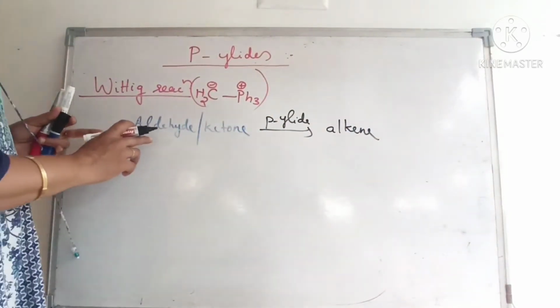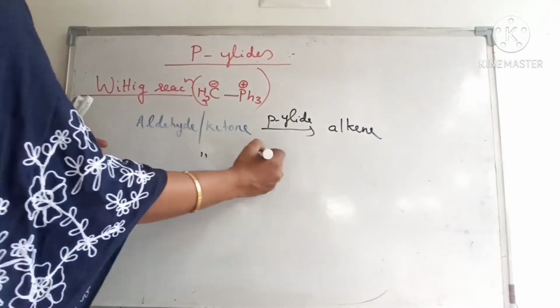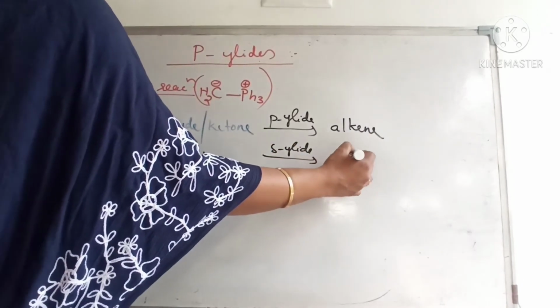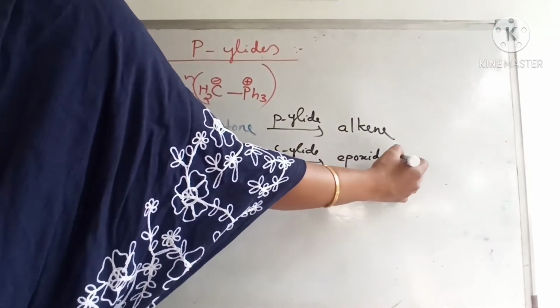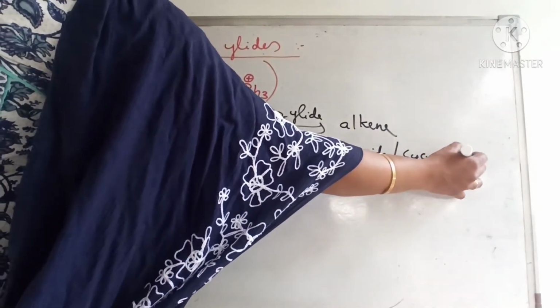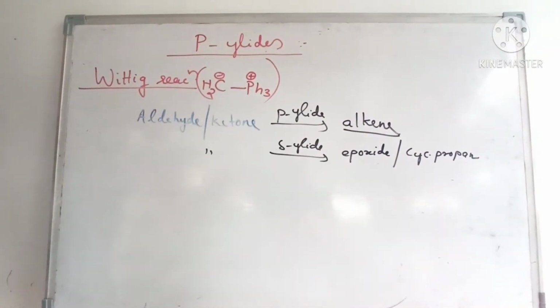With sulfur ylides, we have seen an aldehyde or ketone is transformed either into an epoxide or into a cyclopropane ring, right? But here it is converted into an alkene. Let us see how this happens through the Wittig reaction.